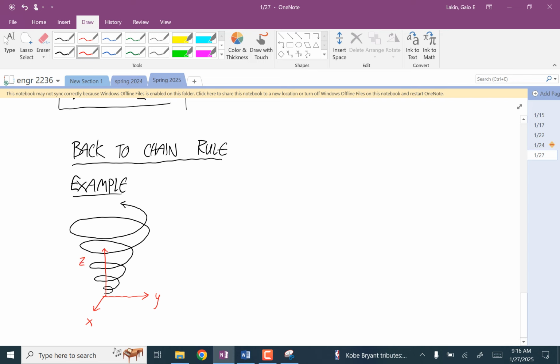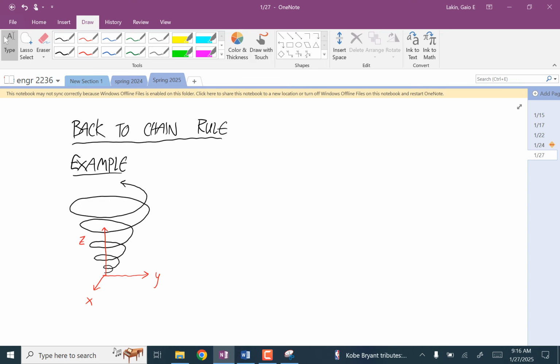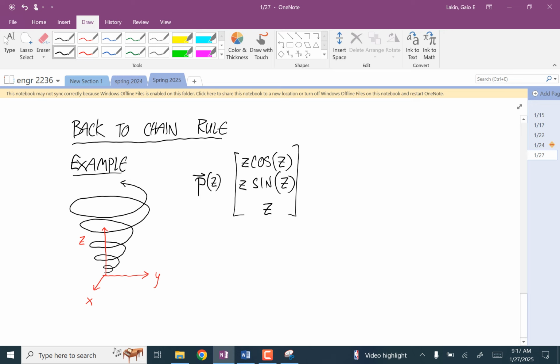Okay, and so if you parameterize this function, you would represent this as z times cosine of z, z times sine of z, and then z. Okay, so this is a parameterization. You can think of this as the position as a function of z.